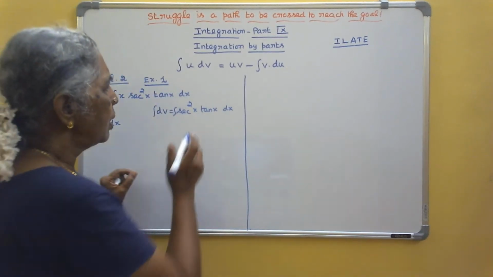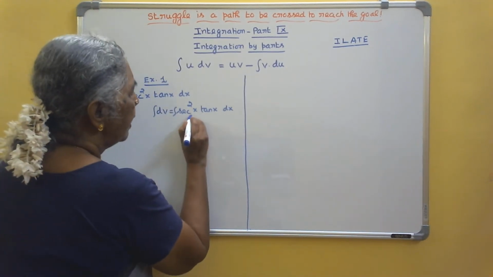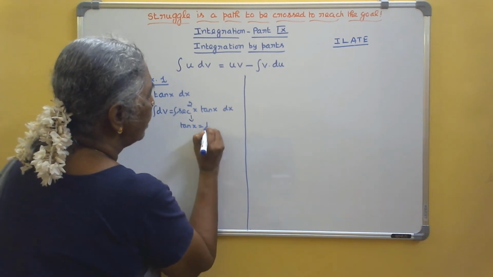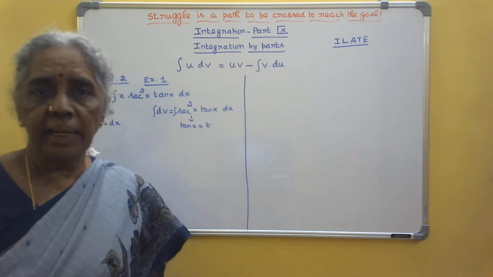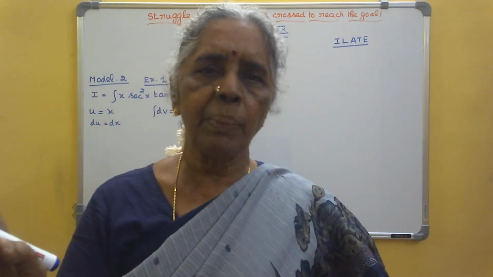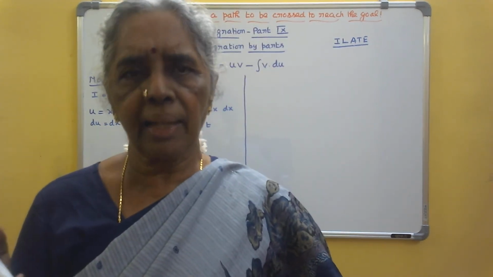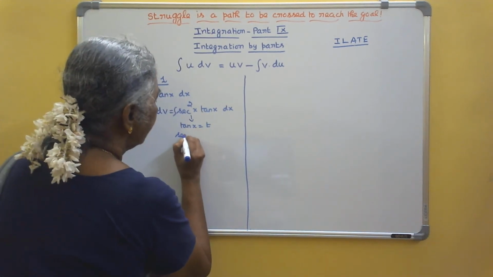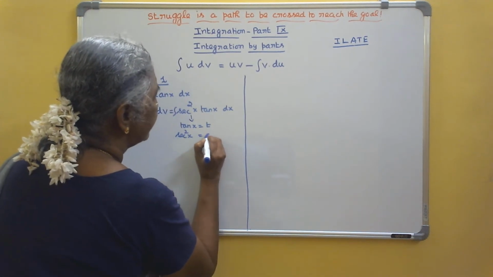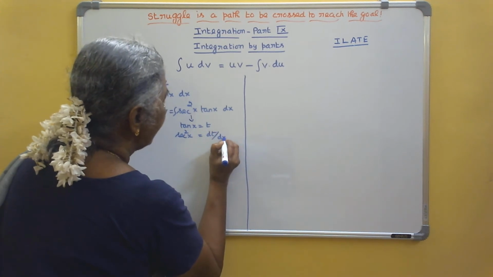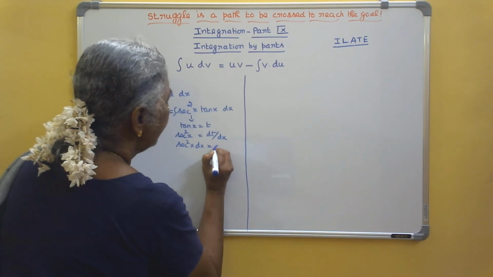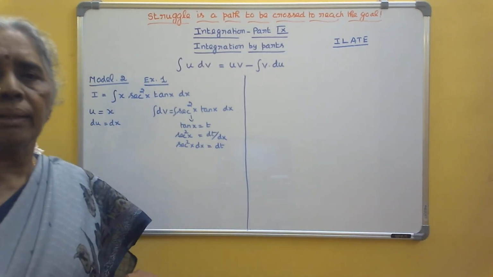So now, as for this side, I am going to substitute tan x is equal to t, because I know when I differentiate tan x, I will be getting secant squared x, right? So now, when I put tan x is t, I am getting secant squared x is equal to dt by dx. So secant squared x dx, that is going to be dt.